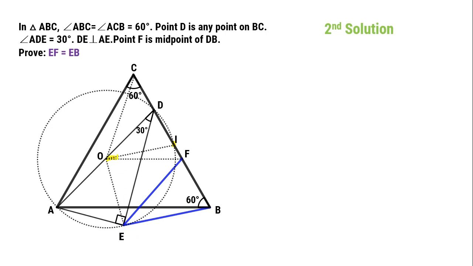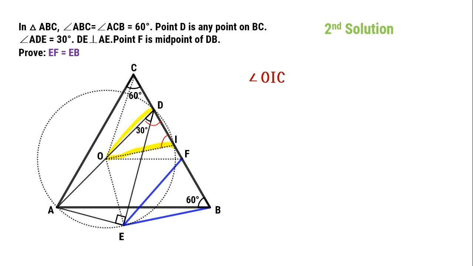we will prove triangle OIC congruent to triangle EOF. OI and OD are both radii of the circle, so OI equals OD.